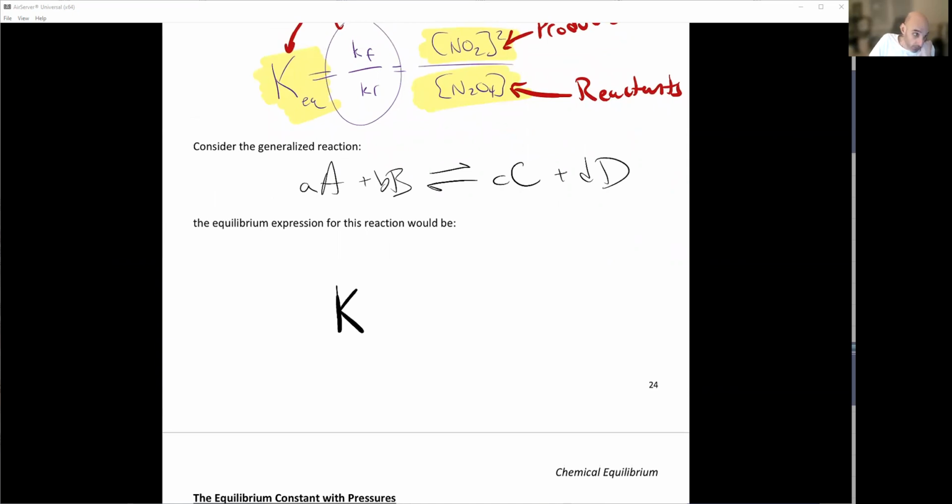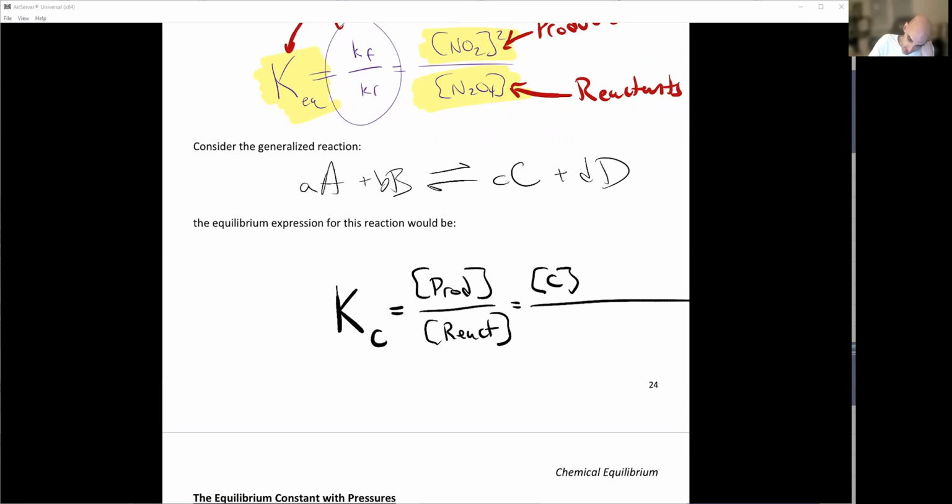We're going to do Kc, which is going to stand for the equilibrium of concentrations, equal to concentration of products over the concentration of reactants, which is equal to, and then to do it properly from the balanced chemical equation, my products: concentration of capital C raised to lowercase c, concentration of capital D to lowercase d.